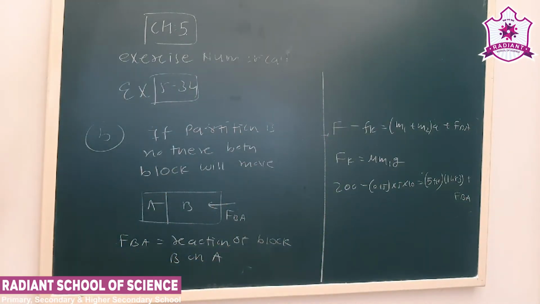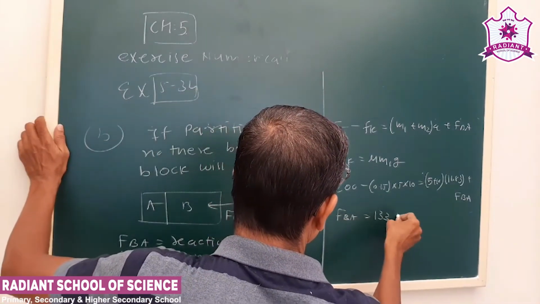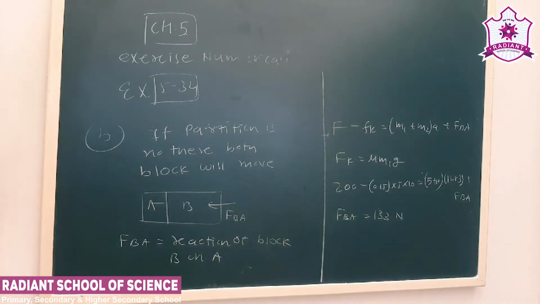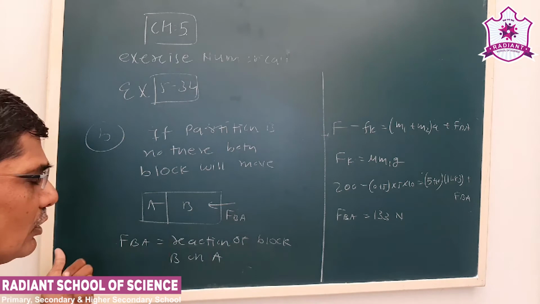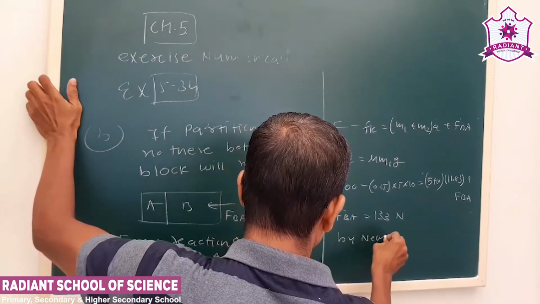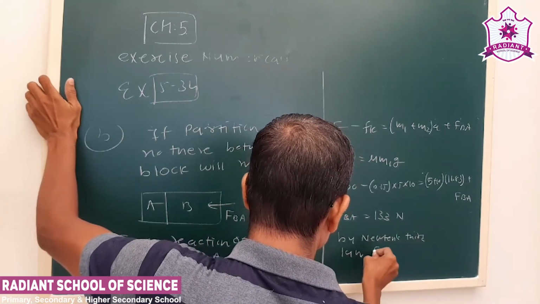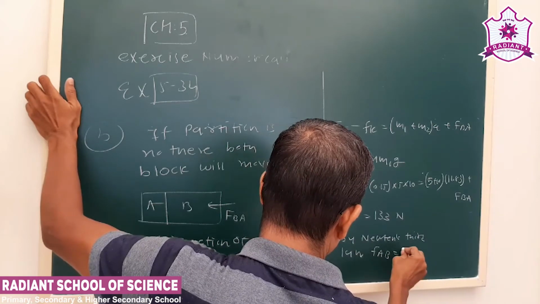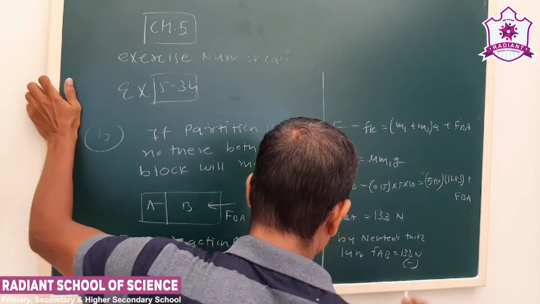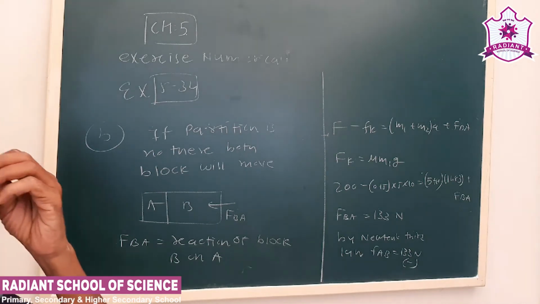So FBA, if I solve, turns out to be roughly 133 Newton. This is the reaction of B on A. By Newton's third law, FAB also will be about 130 Newton, but in the opposite direction. So this is how we can solve exercise number 5.34.